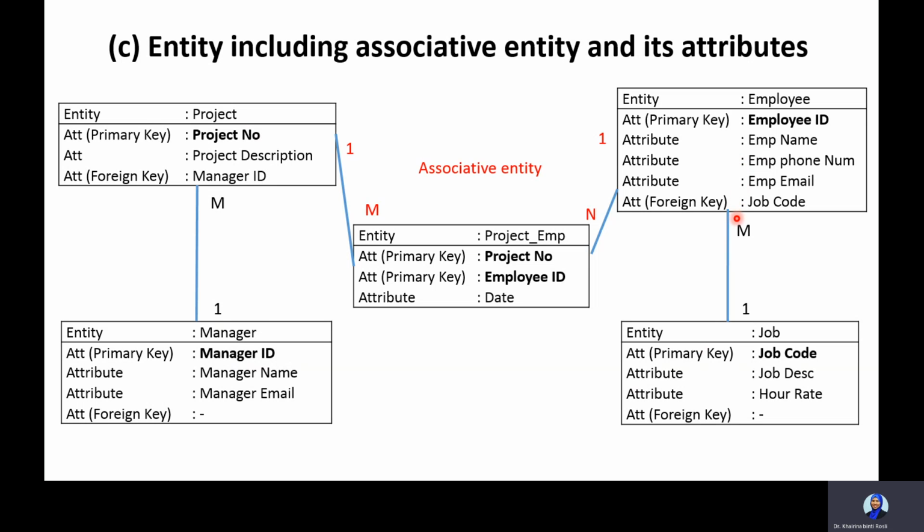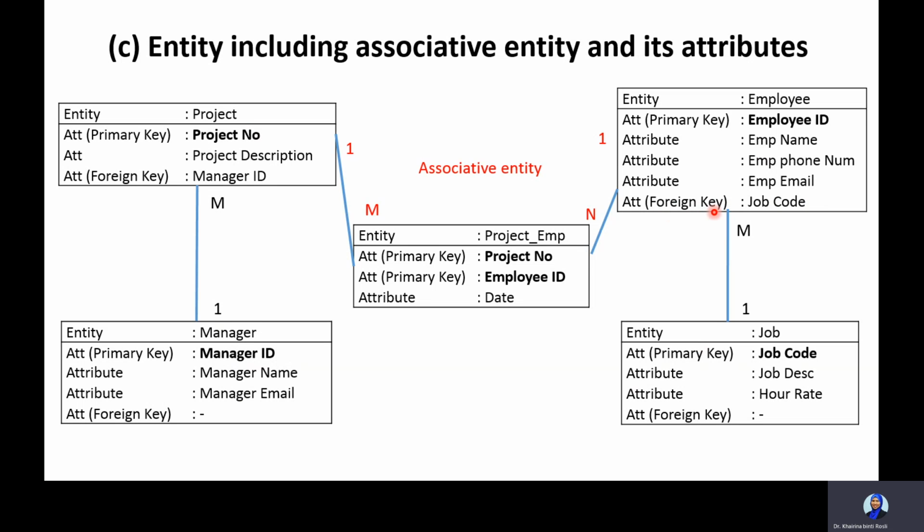Remember here the M is at the employee entity, so there will exist a foreign key at the employee entity. For the foreign key, you take the primary key in another related table. It relates to the job entity, and the primary key in the job entity is the job code, so job code is brought into the employee entity to become the foreign key.